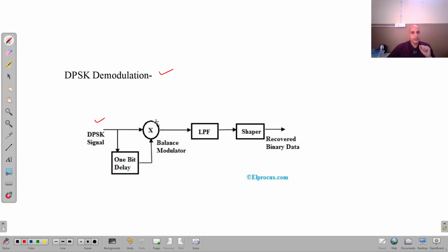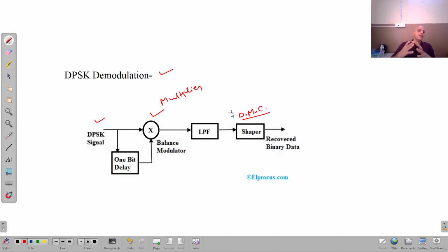It is going to be mixed with the balanced modulator. This circuit is basically a multiplier, right? Balanced modulator is a multiplier. And this is one with delay again, and then low pass filter, and then shaper, which means it is a decision making circuit. I will explain all of them one by one.